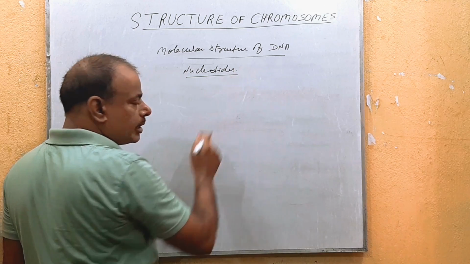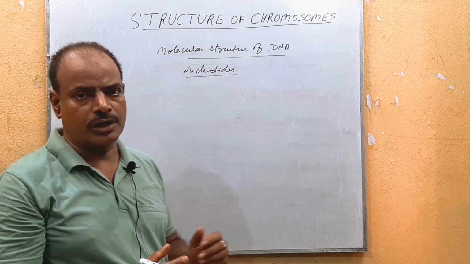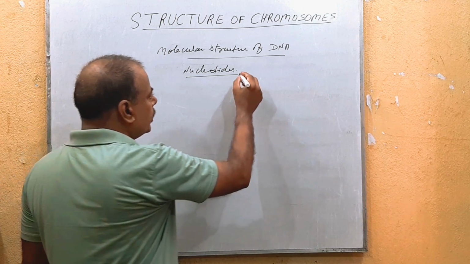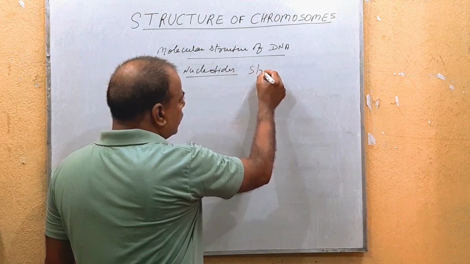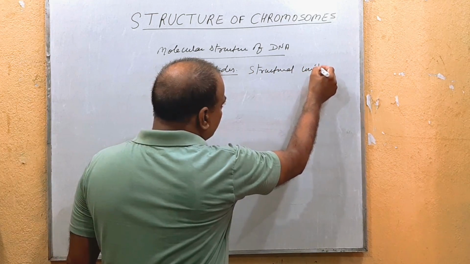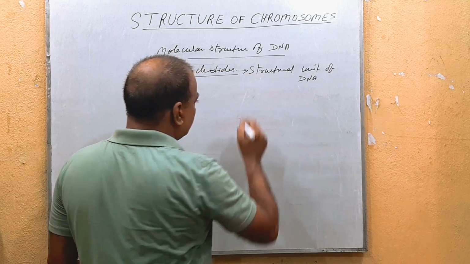It means the nucleotide is the structural unit, because nucleotides combine together to form polynucleotide, and polynucleotide combines together to form DNA. So you can say the structural unit of DNA is the nucleotide.